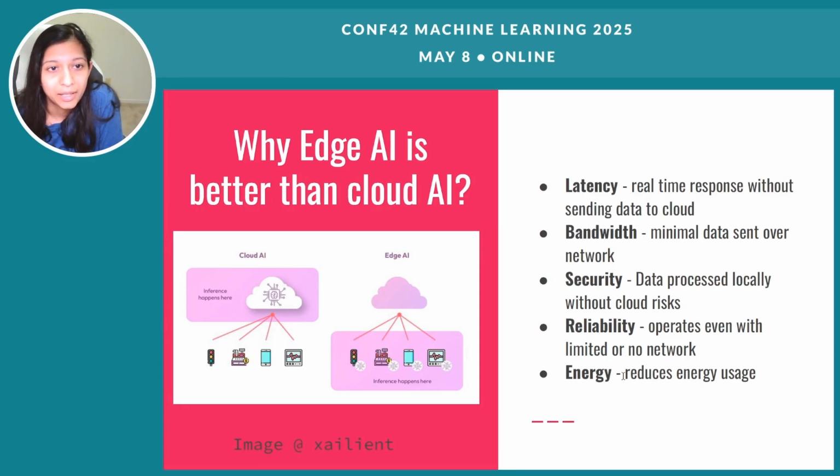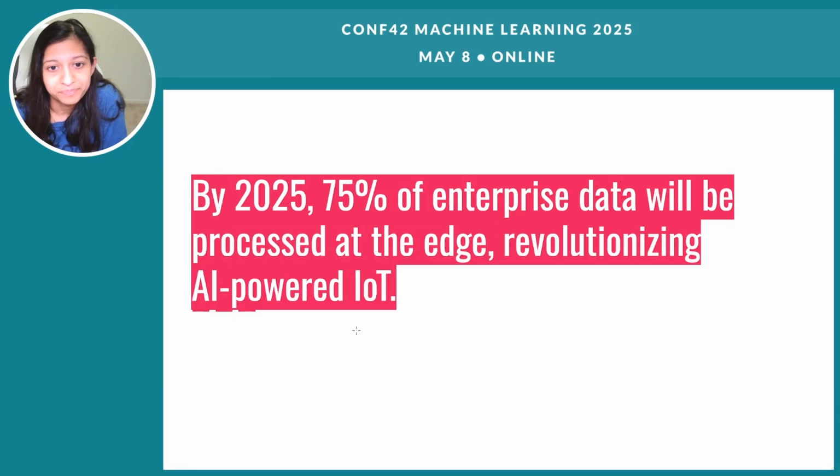That way you can create reliable solutions. And last but not least is energy: because you're not spending that much compute in the cloud, you're reducing energy consumption as well. So these are some differences between edge AI and cloud AI.